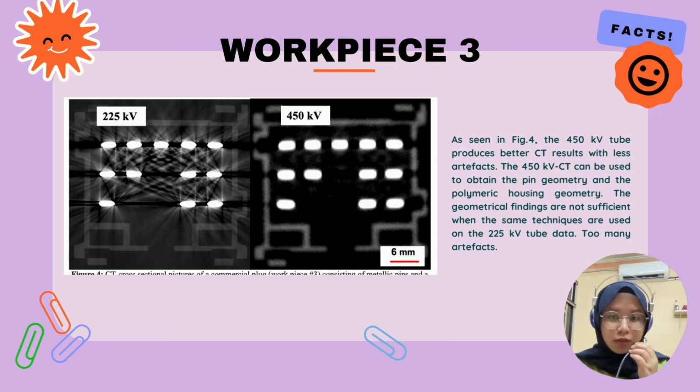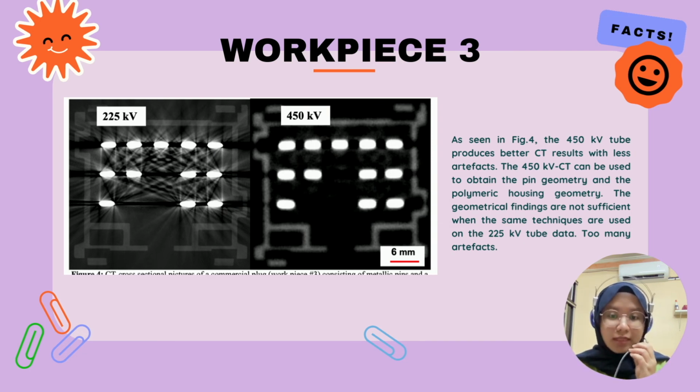Although it is possible to view both the metal and the polymer in the same picture, the polymer is not correctly portrayed due to the absence of certain portions of the housing. In fact, because the X-ray spot has a diameter of around 2.2 mm, the margins of the CT images produced by the 450 kV tube are much less sharp than in conventional CT images.